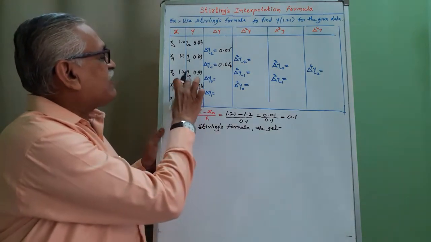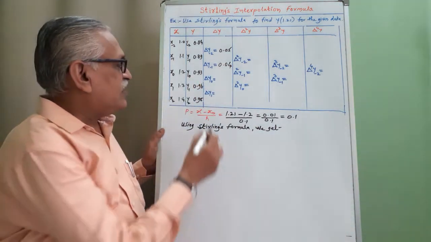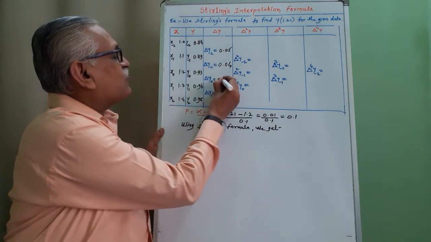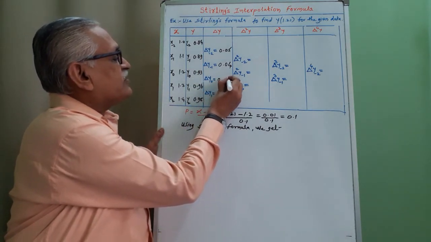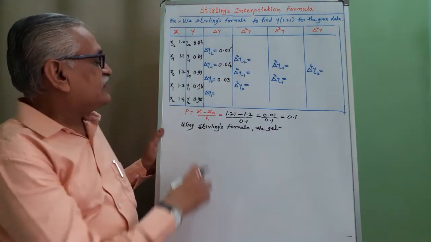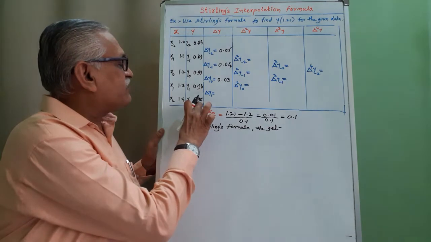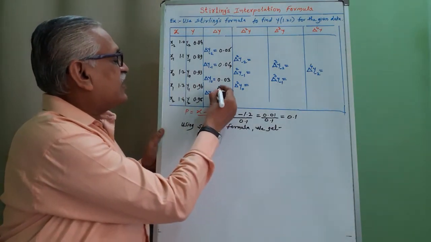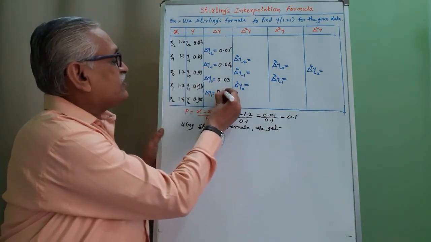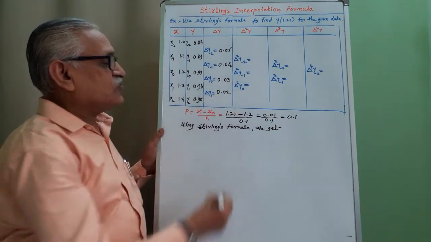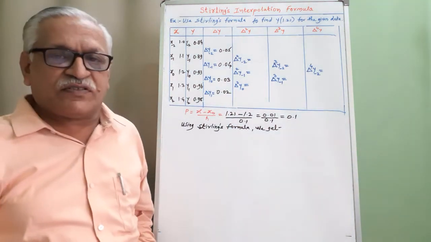Next, y1 minus y0 as del y0, and that value is 0.96 minus 0.93 as 0.03. Then y2 minus y1 as 0.98 minus 0.96 as 0.02. These are the first forward differences.